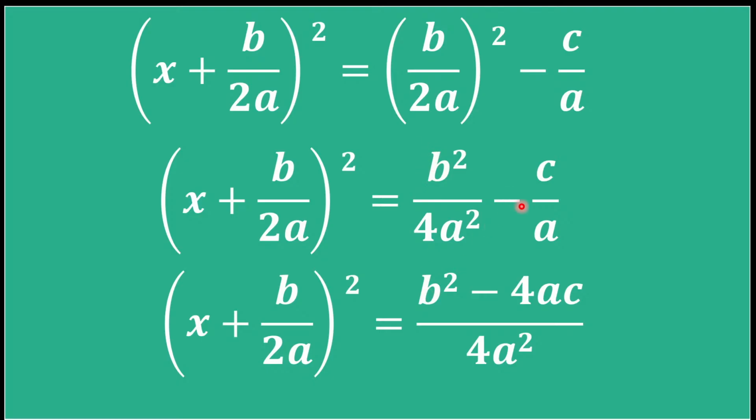And here when 4a squared is divided by a, then we have 4a, and which will multiply with this c, so this will become 4ac. So overall b square minus 4ac divided by 4a square, this value.